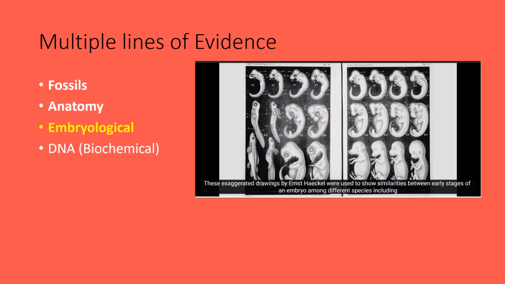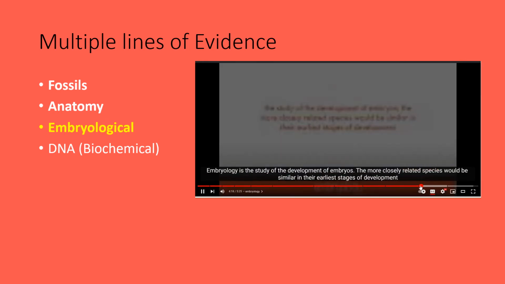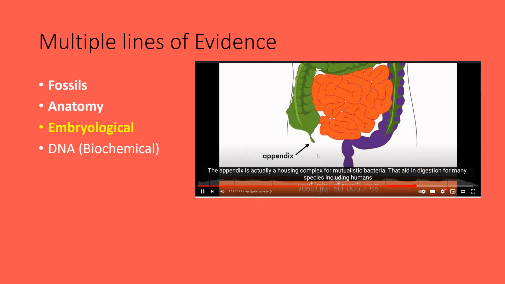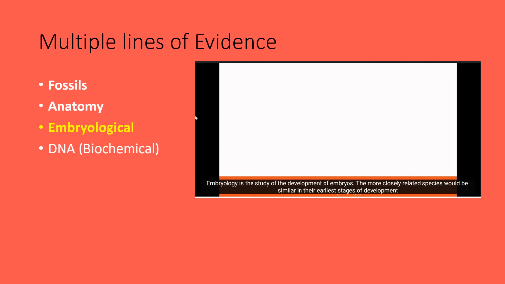These exaggerated drawings by Ernst Haeckel were used to show We're going to go back a little bit. closely related species aid in digestion for many species, including humans. Embryology is the study of the development of embryos. The more closely related species would be similar in their earliest stages of development.